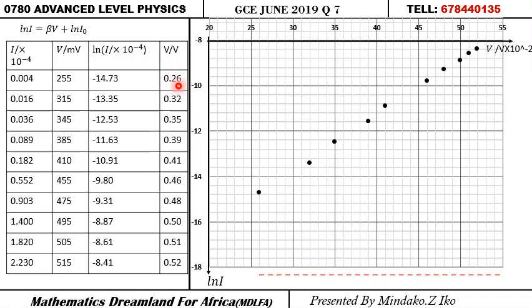So how are we going to do that? Since we know that one of our small lines is 0.4, this is my negative 14. But how am I going to get 14.7? I will come here. This is my negative 14, and 0.7 means you are going downward.